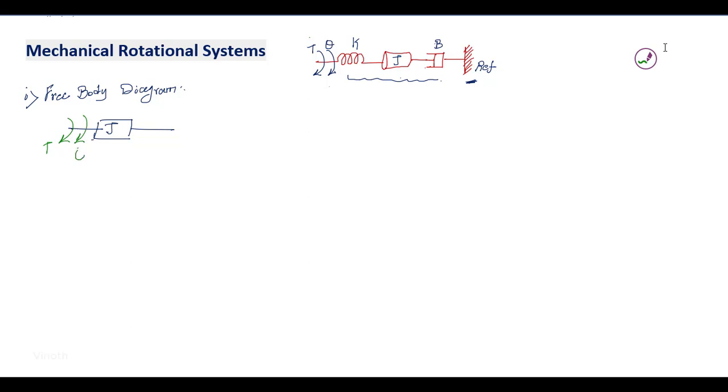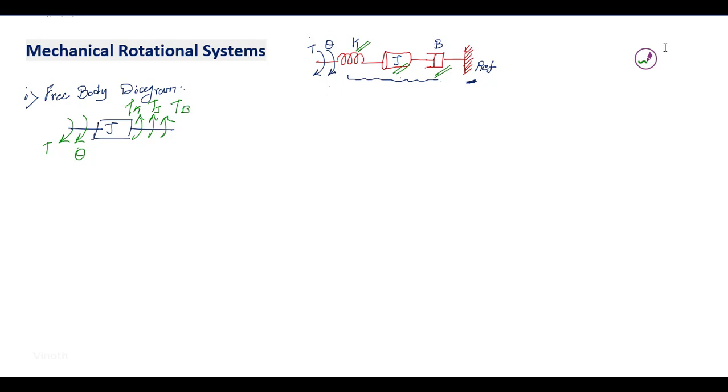The rotation is also in the direction in which the torque is applied, and the resisting torques due to the spring element, the mass and the damper element are shown in the opposite direction to the external torque applied to the system. The opposing torque due to the spring element is Tk, by the mass Tj, and by the damper element Tb.